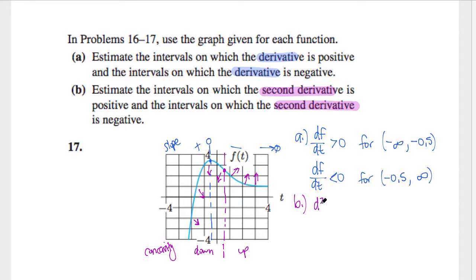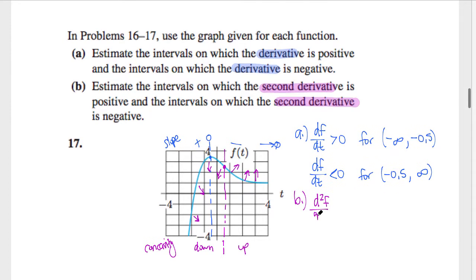So my second derivative, d squared f/dt squared, is going to be positive for the interval from 0.5 to positive infinity. And d squared f/dt squared will be negative for the interval from negative infinity up to about positive 0.5.